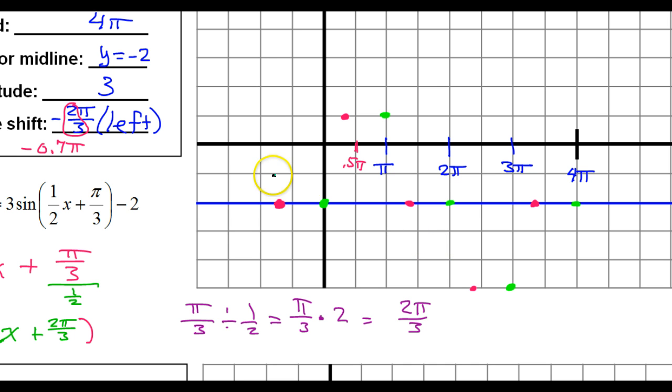Okay, so that's it. This is one period of this graph. So I'm going to go ahead and sketch that now. Okay, so that is one period of this graph.